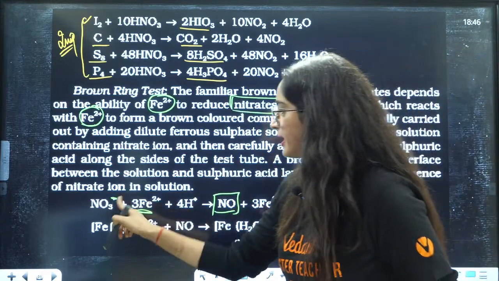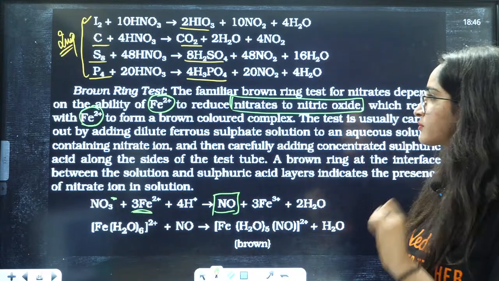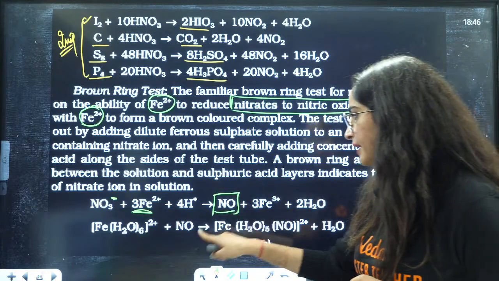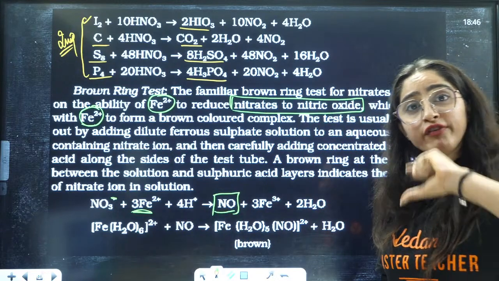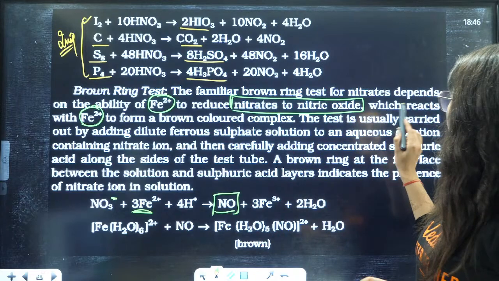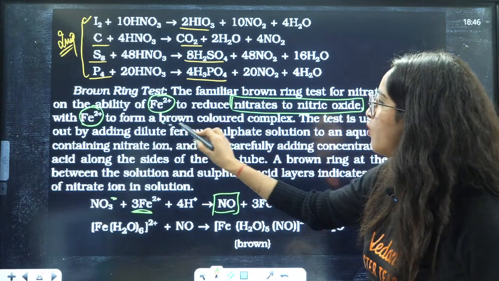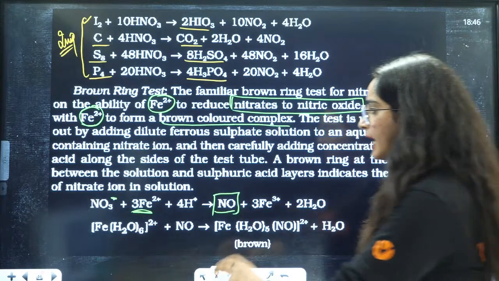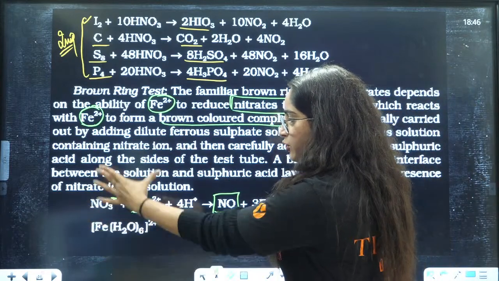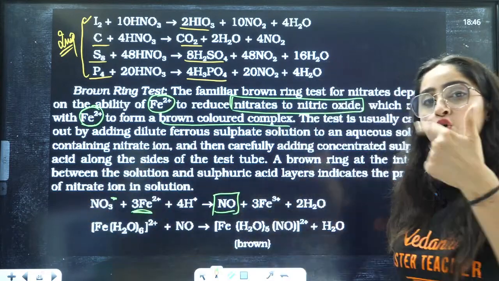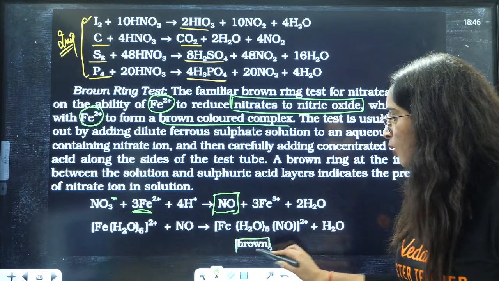Firstly, you have Fe2+. Next, this nitric oxide will further react with that complex to form a new complex, which is like a brown ring, right?